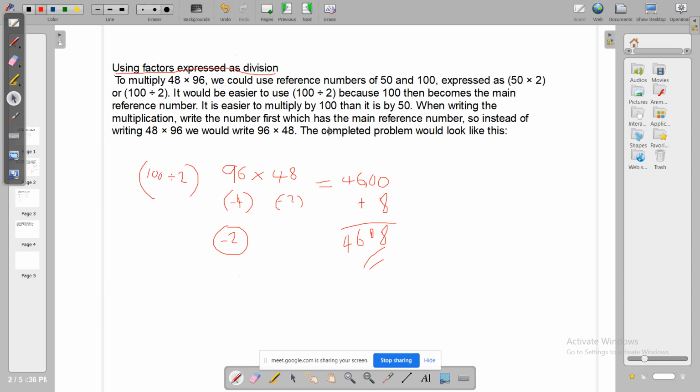It is easier to multiply by 100 than it is by 50. When writing the multiplication, write the number first which has the main reference number. So instead of writing 48 times 96, we would write 96 times 48. The completed problem would look like this.